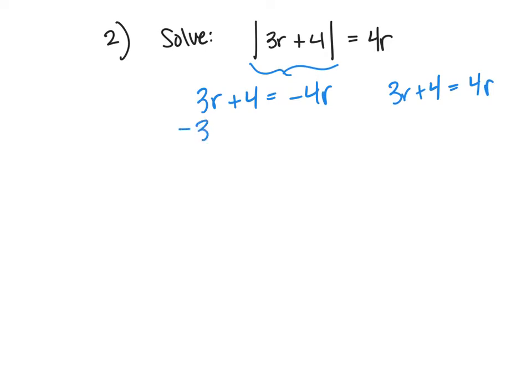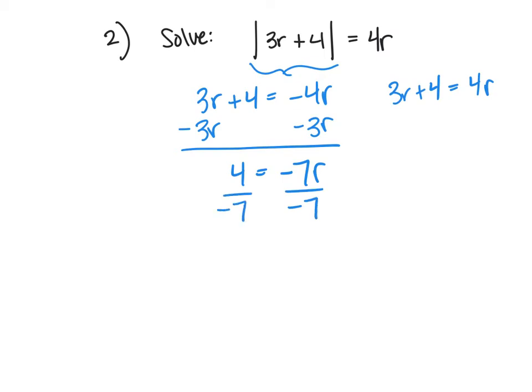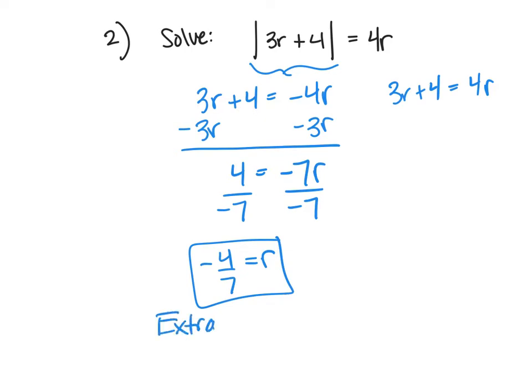So we need to subtract the 3r to get the 3r's together on both sides, leaving 4, and then you have negative 7r, and then divide by negative 7, and you get negative 4 sevenths is equal to r. And then if you look back up at the problem, and we plug that into the 4r, it's going to give us a negative answer, and you can't have a negative answer for absolute value. So we would call this an extraneous solution.